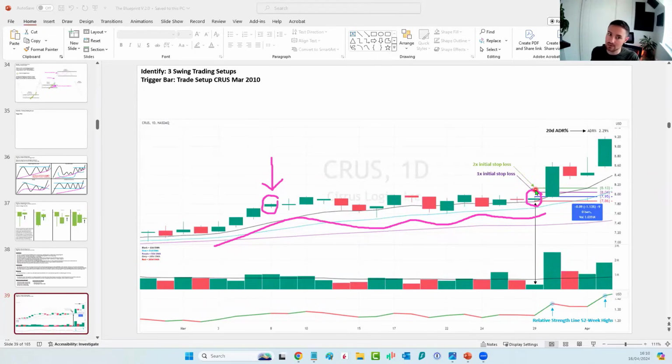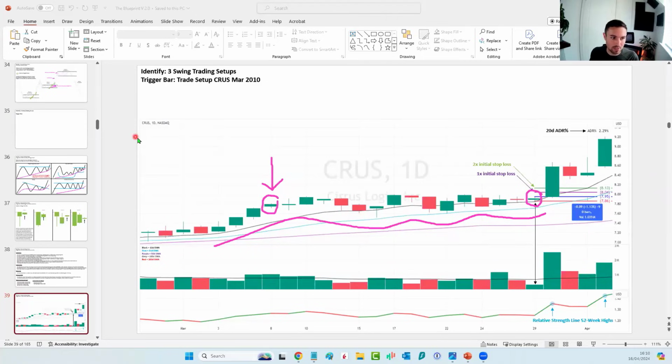Certainly more so for shakeout demand tails and gap down reverse bars. Sometimes trigger bars can be sitting just above it in terms of initial stop loss placement, but it just helps stop chasing extended stocks. You might say, wow, this is a trigger bar. Yeah, but it's not basing, and the stock's just run up four days and it's extended from the 10-day. That's not the time to be looking for a trigger bar. This is the time to be looking for a trigger bar.